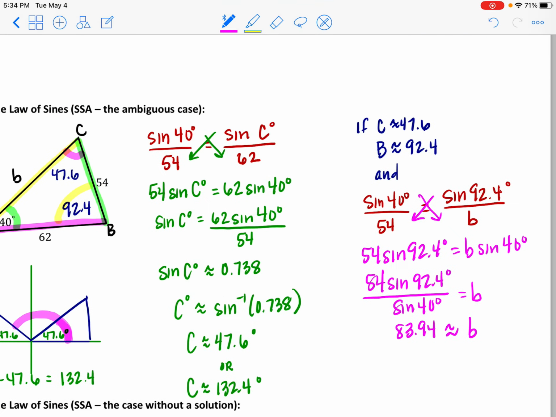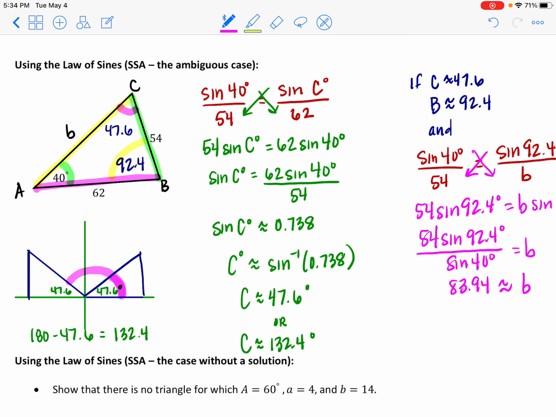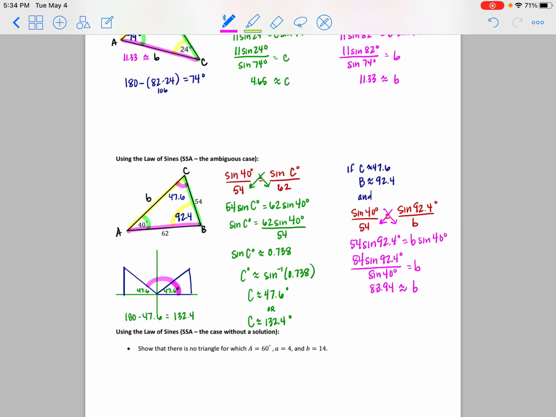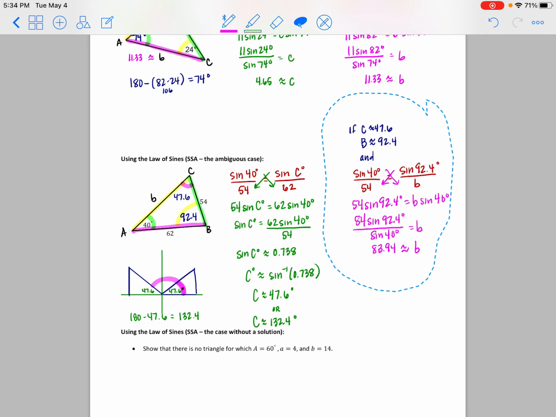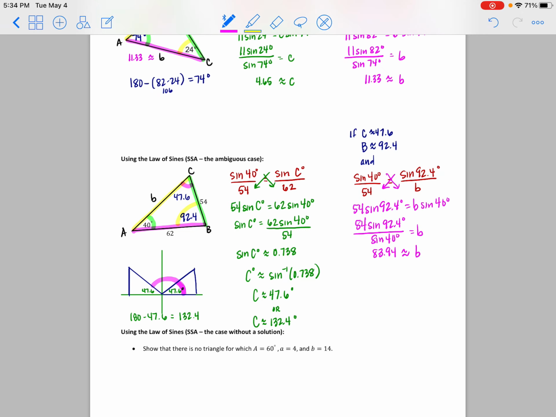Okay, and do I have space? We're running out of space. No. Okay, so the other possibility, I did not space this out well, so sorry. Let me section this off.